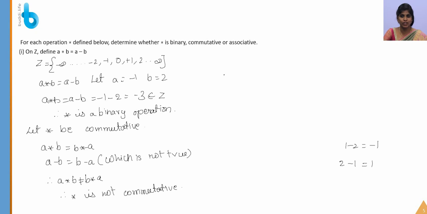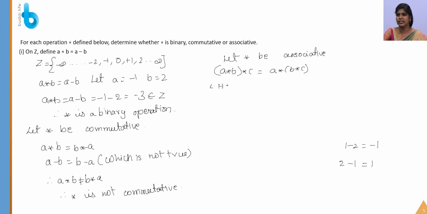Next, we will go for associative. Again, we will assume let star be associative. According to the definition, (A star B) star C equals A star (B star C).